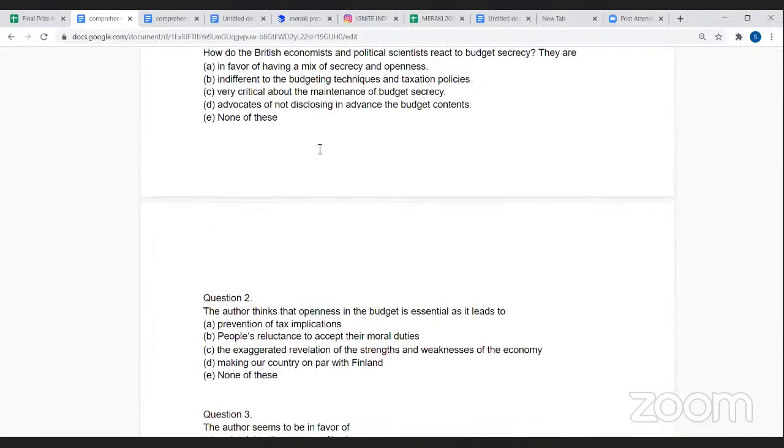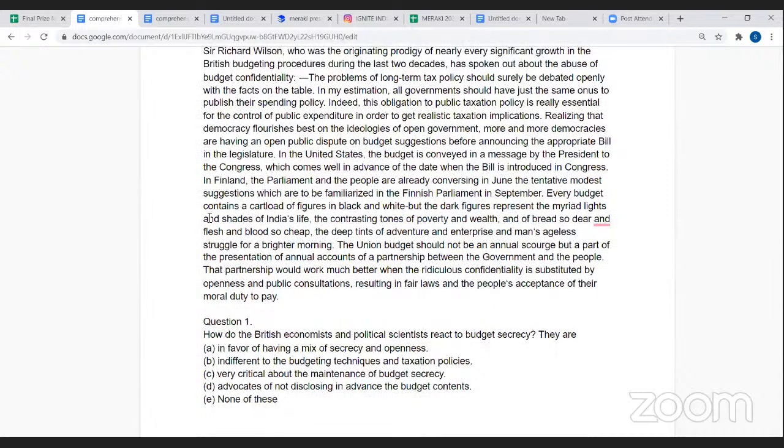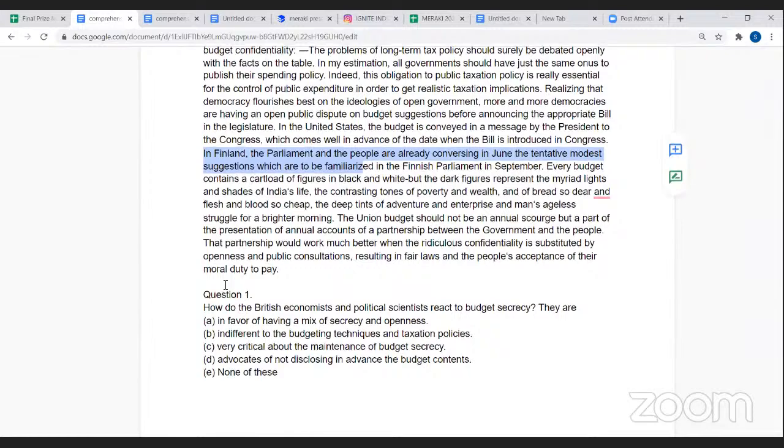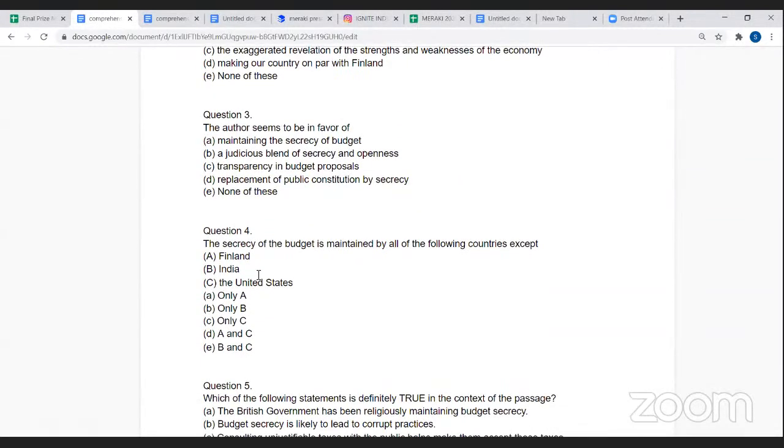Finland also. The parliament and the people are already conversing in June. So it's except India. So it'll be A and C, option D.